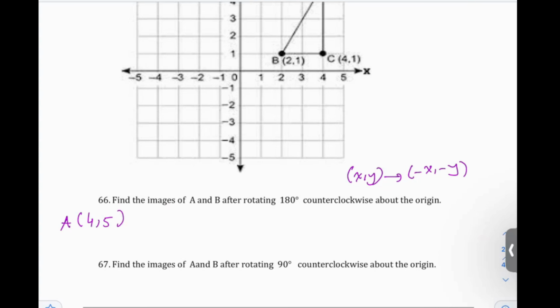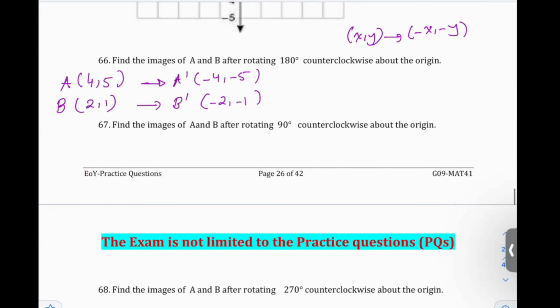So this will turn to A prime, (-4, -5). B was (2, 1). He's asking about that one. So according to this formula, just flip the signs. Find the image, because he's asking about the origin. So no need to do anything. No need to add vectors or take it away or move it.